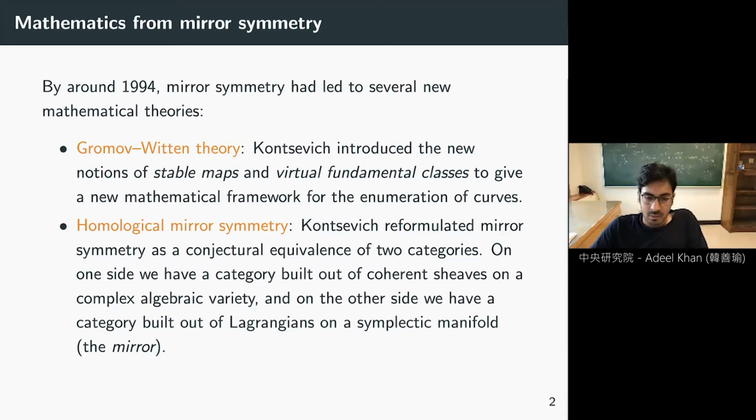On the other side, we can take a symplectic manifold, which would be the mirror, and we can take a certain category built out of Lagrangians on that manifold. So this is an idea due to Fukaya. He came up with this idea around 1993, and Kontsevich realized that a very natural formulation of mirror symmetry is that there should be an equivalence between these two categories.